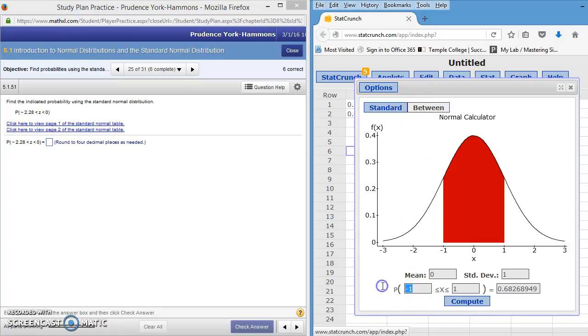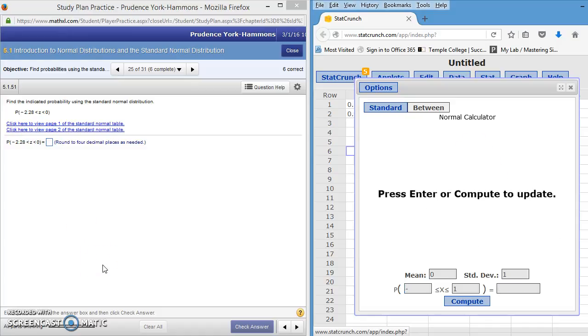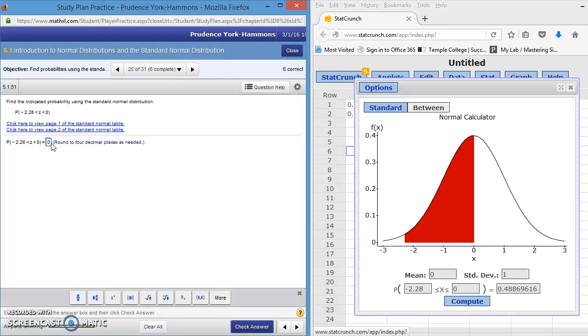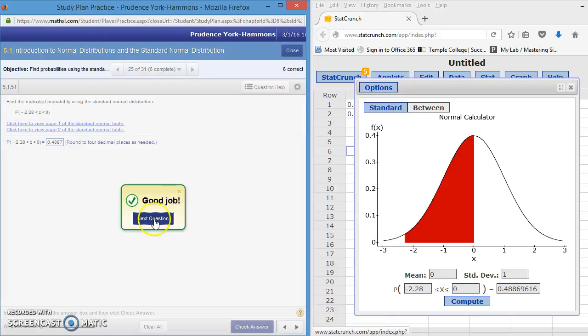My two values for the between are negative 2.28, and then on the right I want a 0, and I just click compute, and the area is 0.4886, and then the 9 makes that 6 become a 7 since we're rounding to 4 decimal places, so that's 0.4887. Let's check and see how that works. Excellent.